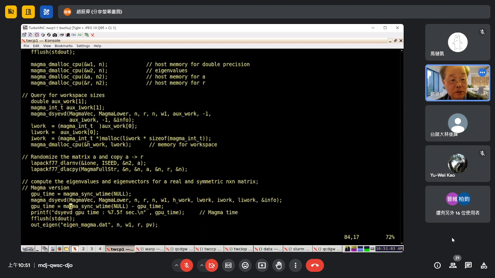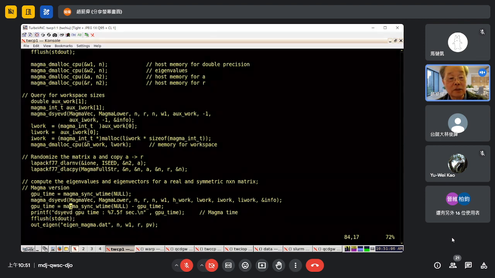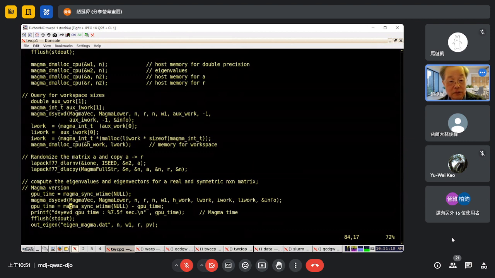The timing also uses the Magma timing routine, before and after. We get the difference between these two times obtained by the Magma routine, and that gives the GPU time.